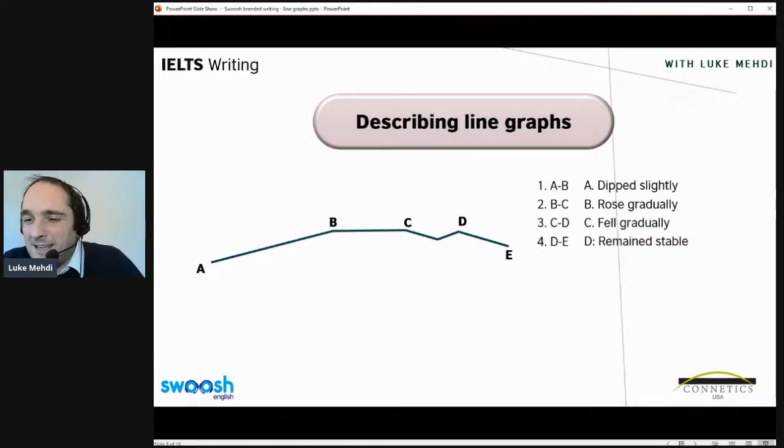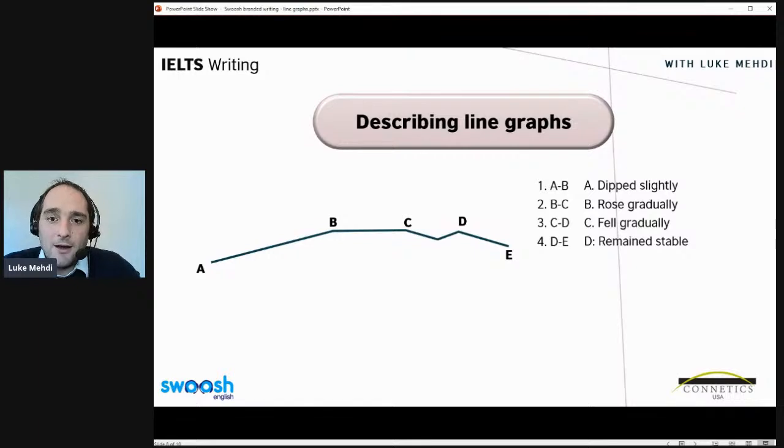That's a dip, and it's a very small dip, so dipped slightly. If this was a more detailed graph like you had in the first task, you probably wouldn't describe this change. But because on this graph there's not much detail at all, it's quite a good way to get some extra words and extra vocabulary.